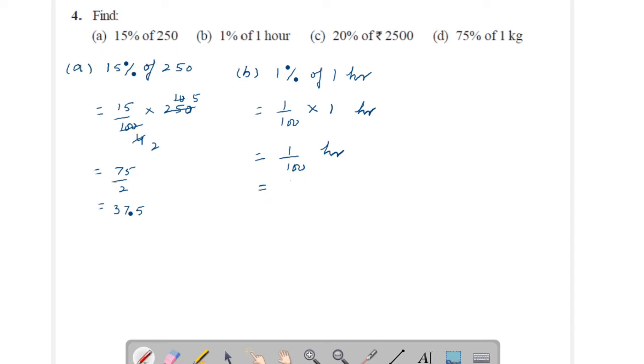Therefore, this can be written as 1 upon 100 into 60 minutes.